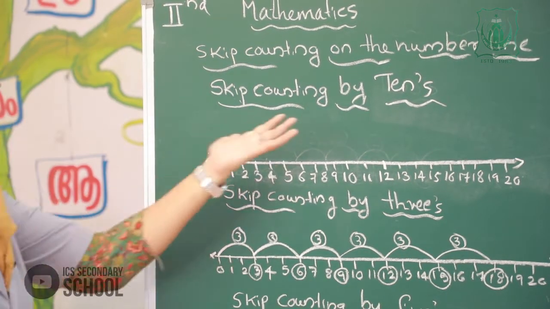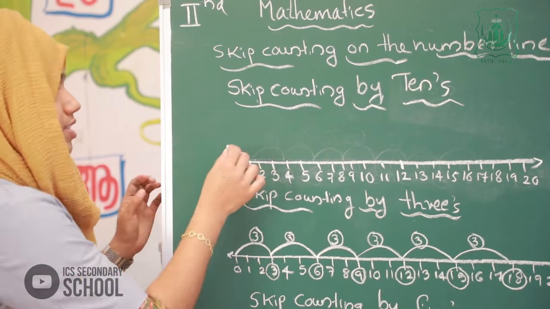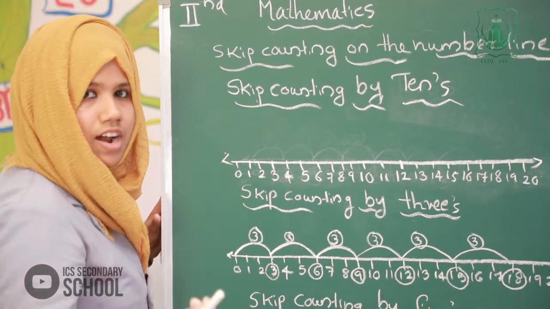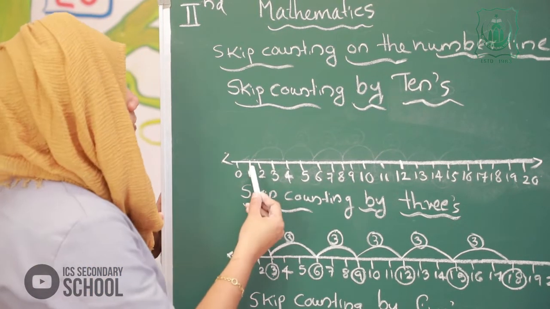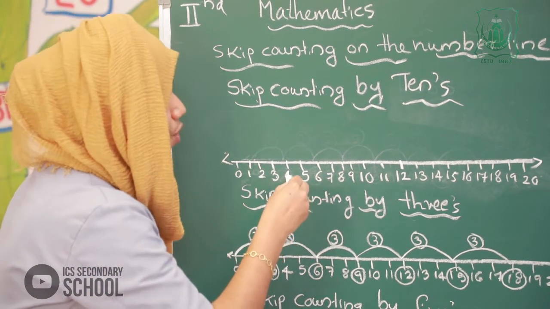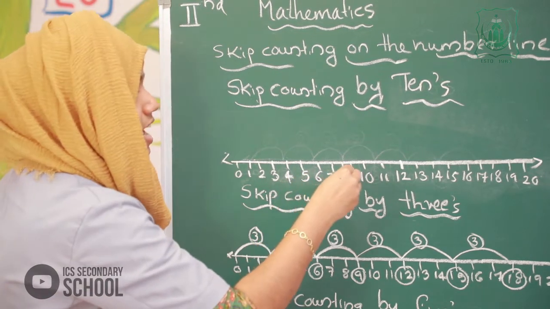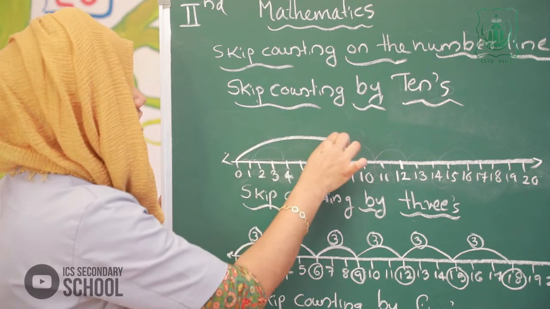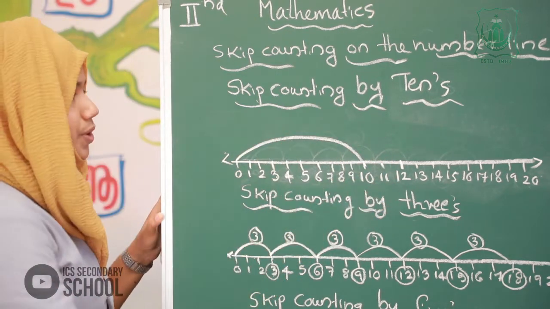We can skip counting by 10. So, we start from which number? 0. Count it. Okay, count together. 1, 2, 3, 4, 5, 6, 7, 8, 9, 10. Yes, very good. We reached the number 10.